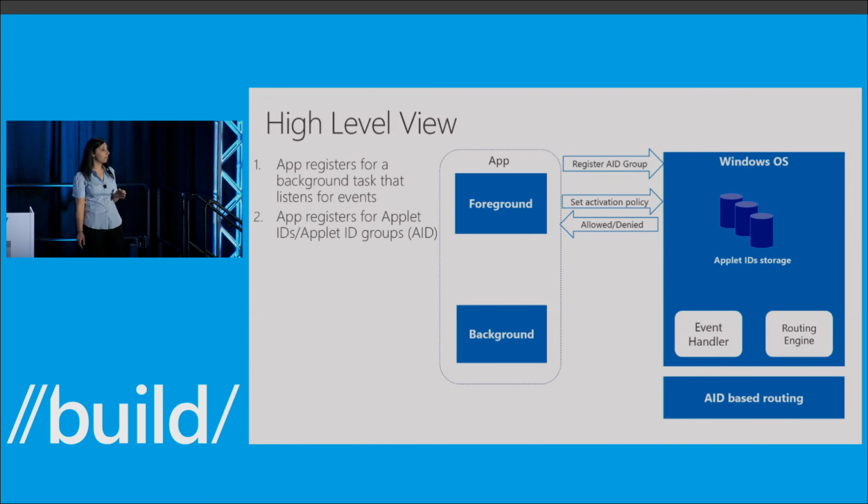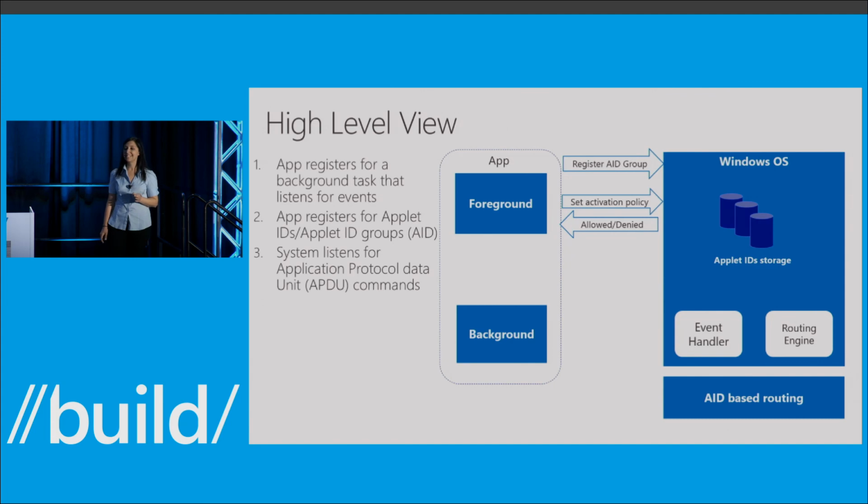That's the mechanism for Windows to know which application to wake up at the time of the tap. After your application tells the OS that this is the card, this is the AID, it will ask for the activation policy to be enabled so that your application will receive the traffic.